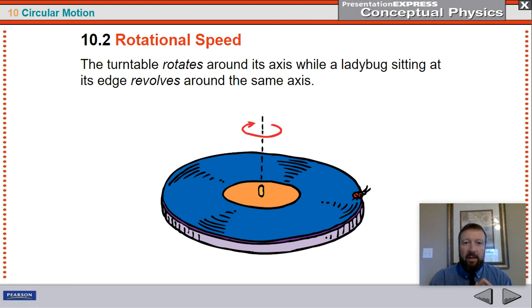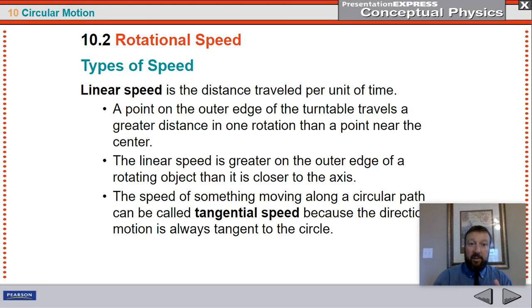Now, in doing so, we talk about two different types of speeds. One of those is what we already learned in chapters 2 and 3: linear speed.